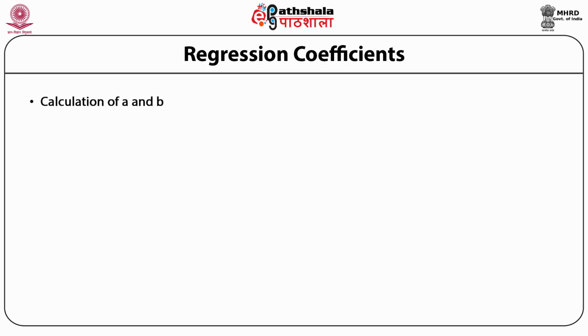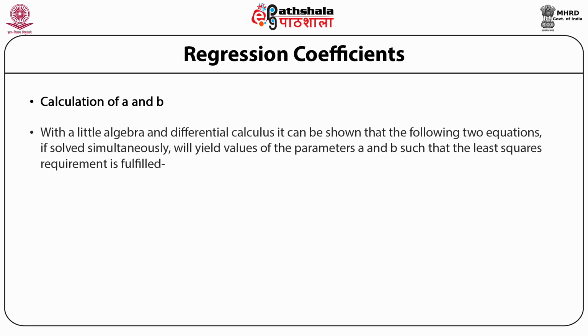How do we calculate the values of the coefficients a and b? For solving the mathematical problems of regression analysis, we need to calculate the intercept a and regression coefficient b. With a little algebra and differential calculation, which we all are aware of, it can be shown that the following two equations, if solved simultaneously, will yield values of parameters a and b such that the least square requirement is fulfilled.